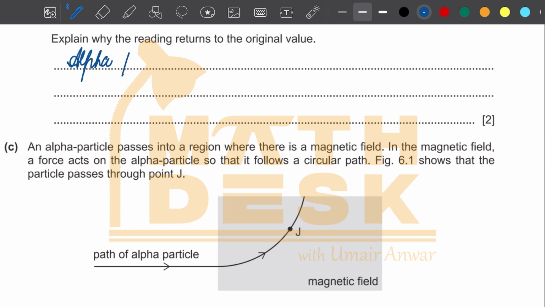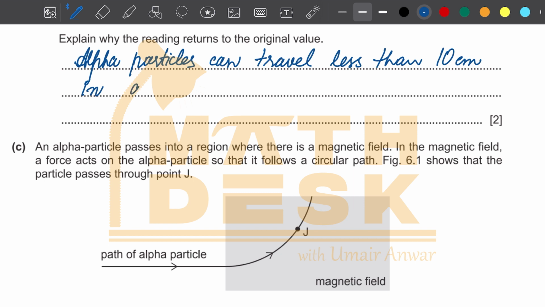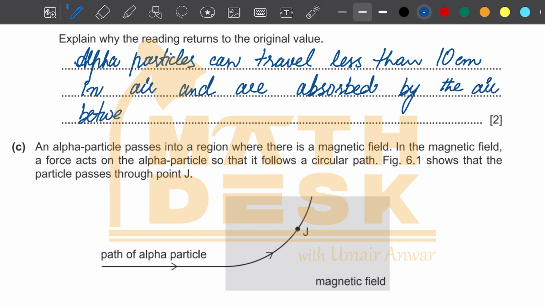Alpha particles can travel less than 10 centimeters in air and are absorbed by the air between the source and the detector.